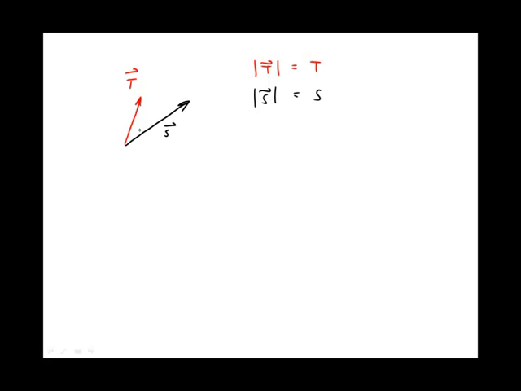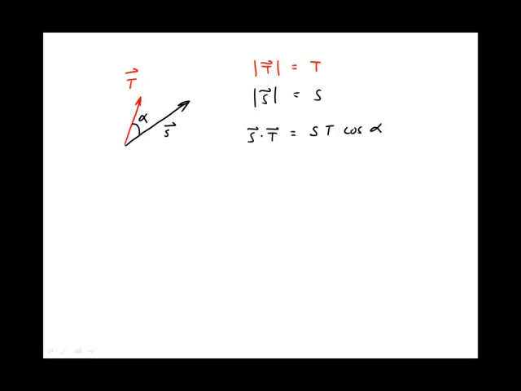Then I'm going to tell you that there's some angle in between s and t. I'm going to call that angle alpha for now. Then the dot product of s and t is equal to the magnitude of s times the magnitude of t times the cosine of the angle in between those two vectors.